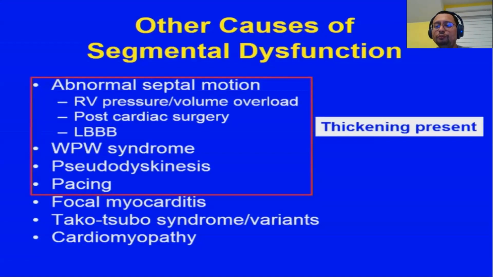Remember that with myocarditis, we are not able to differentiate 100% between myocarditis and coronary artery disease. It can present exactly similar in terms of regional wall motion abnormalities, troponin rise and fall, and also left ventricular regional wall motion abnormalities.